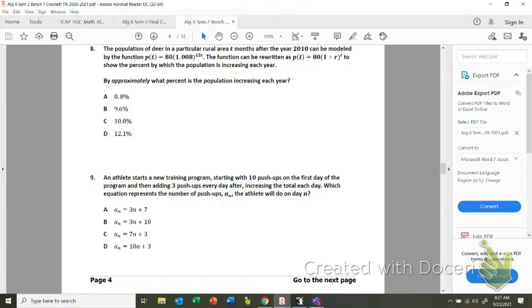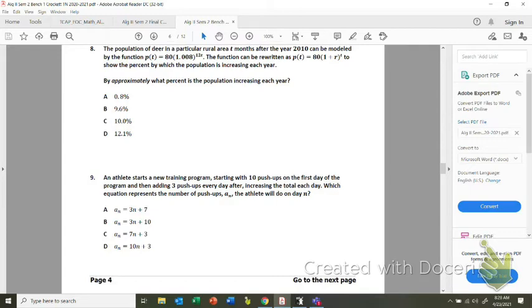Okay. So, it says, an athlete starts a new training program, starting with 10 push-ups on the first day he goes. Okay. And then adds 3 push-ups every day after the first day, increasing the total every day. Which equation represents the number of push-ups the athlete will do on day N?